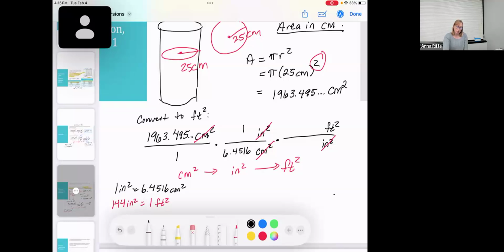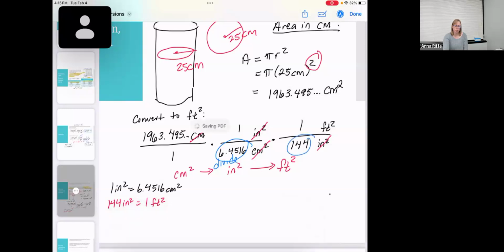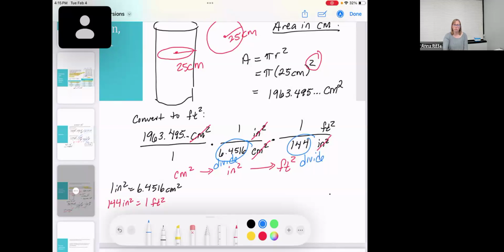So I can put 144 by the inches. I can put 1 by the foot. So we've set up our unity fractions. All I have left to do is, it looks like, divide by the 6.4516 and divide by the 144. Because both are in the denominator.